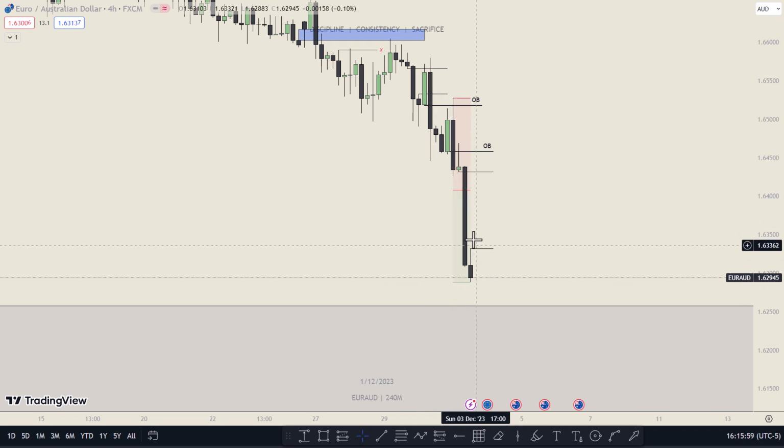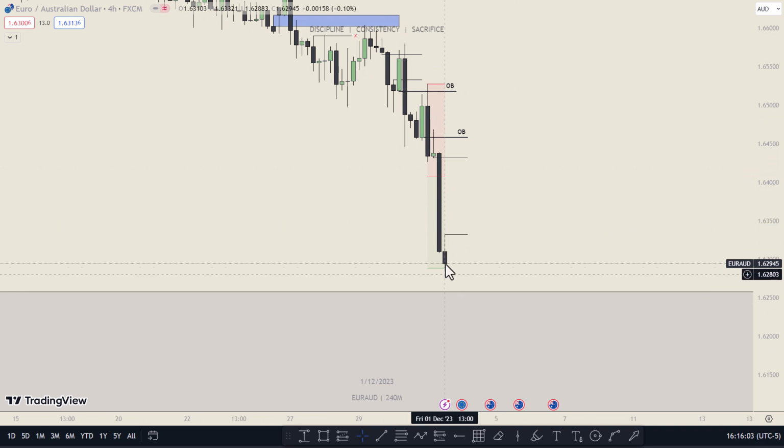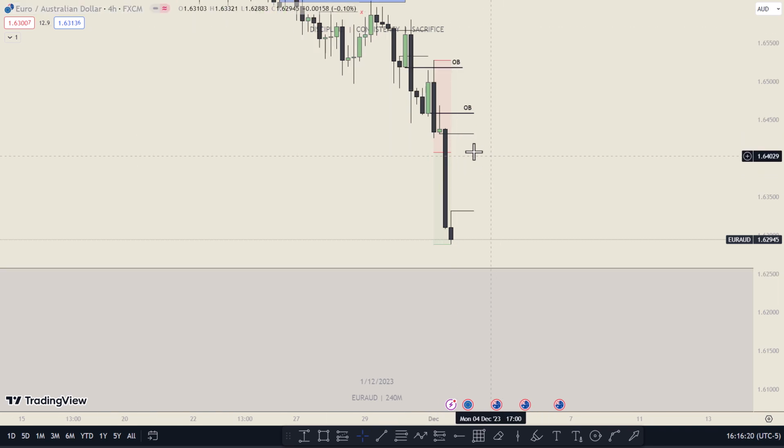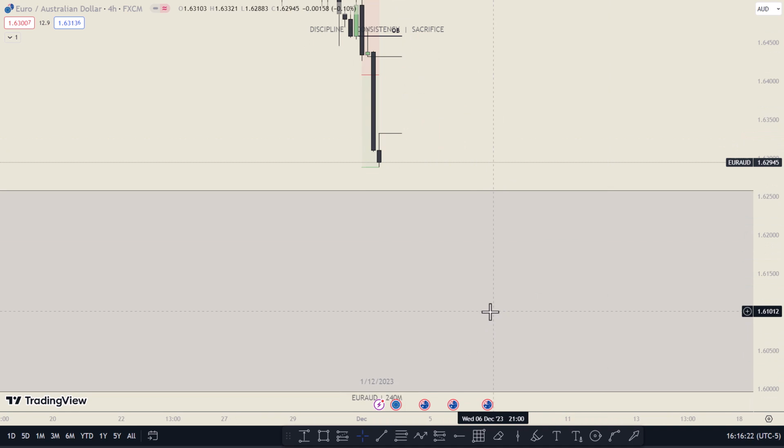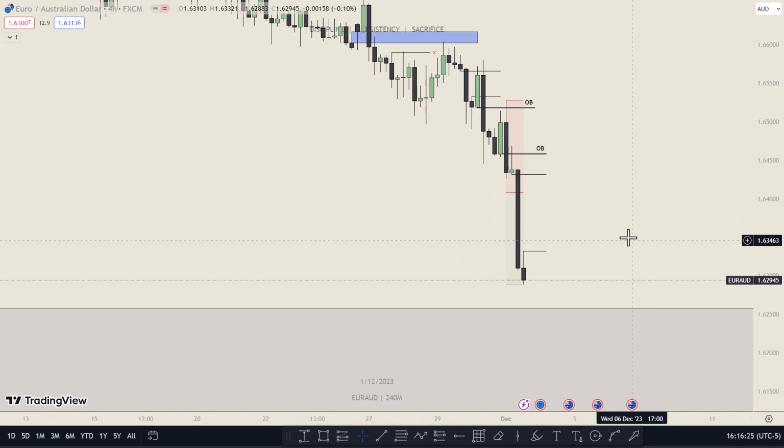We have a bearish fair value gap right here. So what I'm looking for is a retracement to this one, and then I will go to the lower time frames, 15 minute and 3 minute, and look for reversals and a continuation to this fair value gap. So this is the euro against the Australian dollar.